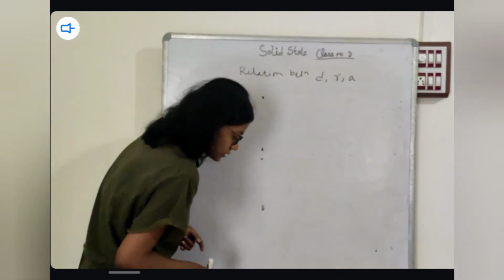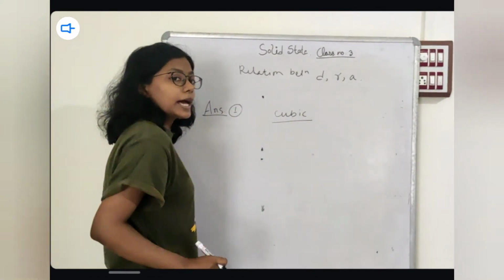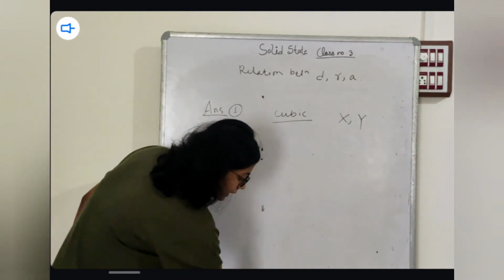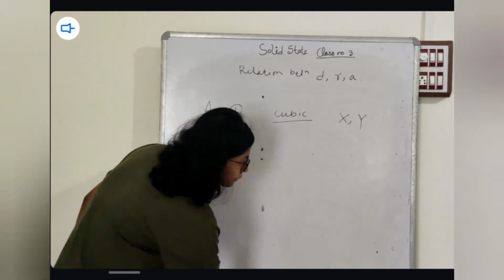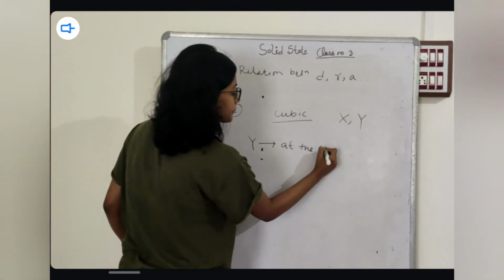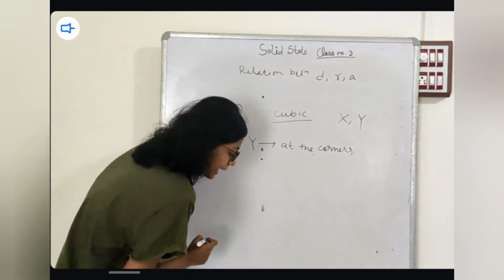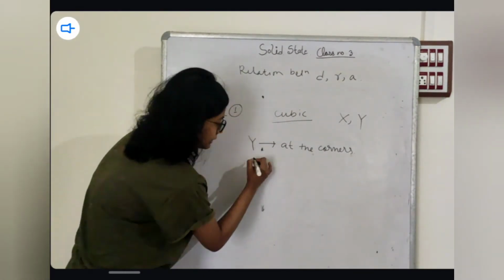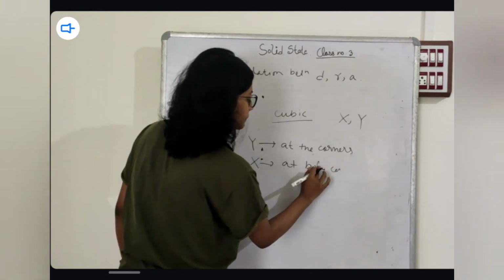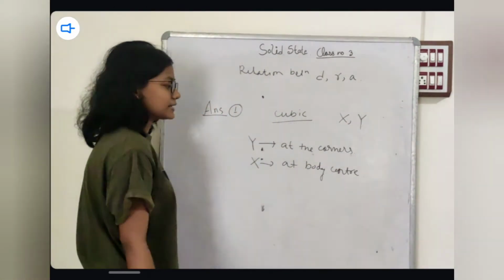A cubic solid is made up of 2 elements, X and Y. Y are present at the corners of the cube, and X is present at the body center.